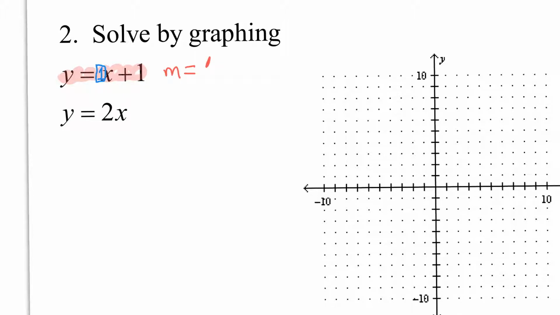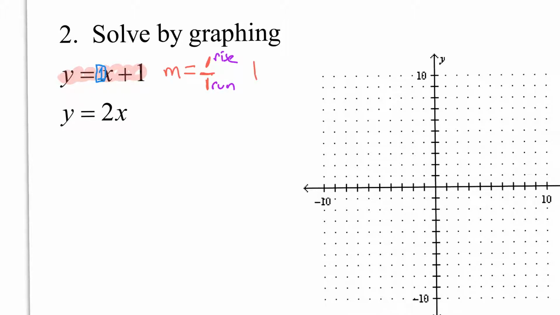And it has to be rise over run, so you need a fraction. Why rise over run? Because that's going to help you find a second point after you graph the y-intercept. So I'm going to make this one a fraction. You just put a 1 under the number. So that is my slope. I'm going to write down that the rise is the top and the run is on the bottom.